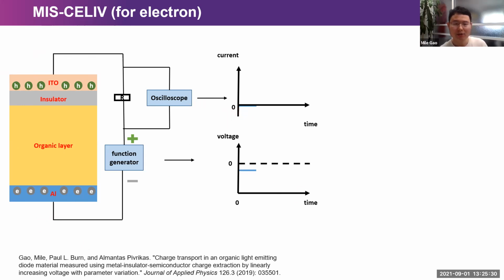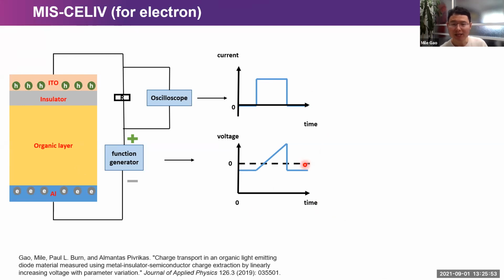And then we increase the voltage. The charges will be extracted steadily, forming an extraction current. And when the voltage drops to offset again, the device is recharged and stabilized again. So the current becomes zero again.